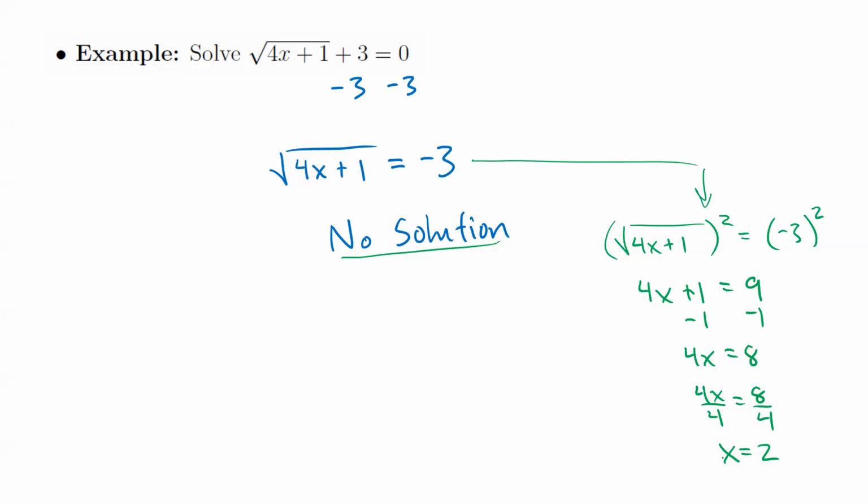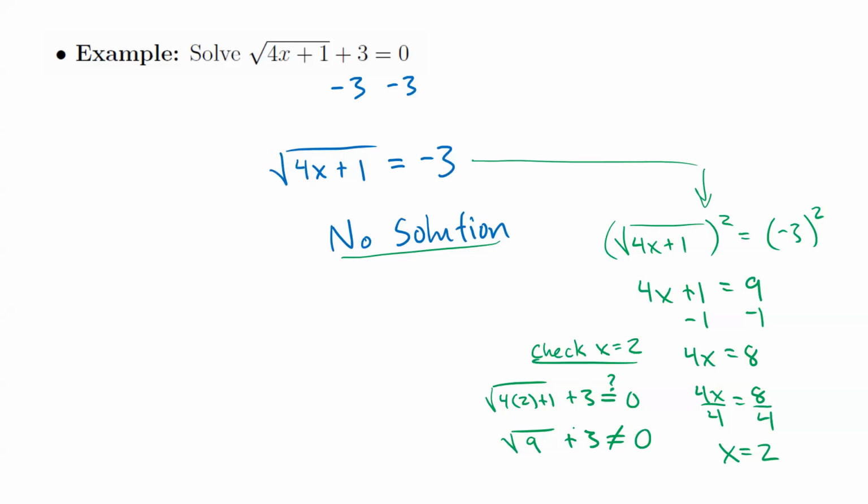This is where checking your work is so important. This is why we need to check. If I check x equals 2, square root of 4 times 2 plus 1 plus 3, does that equal 0? Well, no, it doesn't. That does not equal 0.